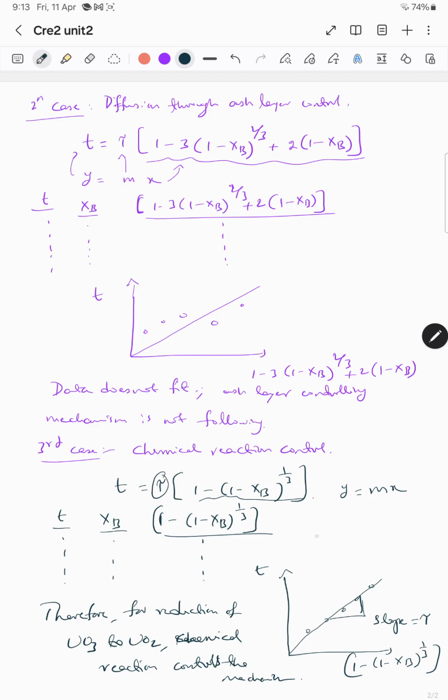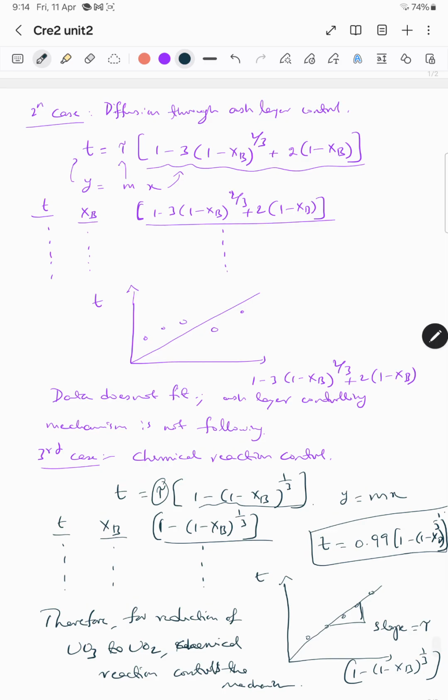After finding the slope, since I already calculated it, I am giving the value directly. You are going to get the equation as t is equal to 0.99 into 1 minus (1 minus xb) to the power of 1/3, since I got the slope as 0.99. So this is my rate equation.